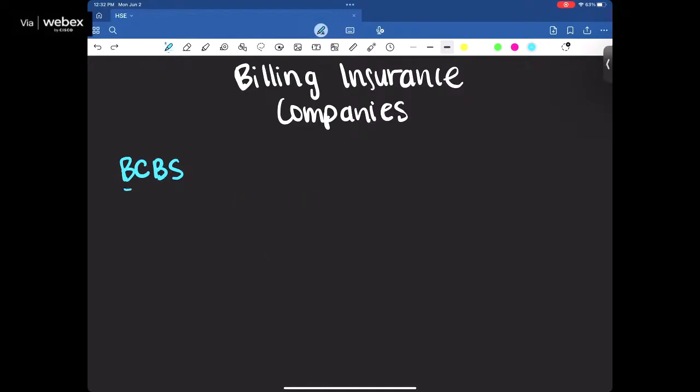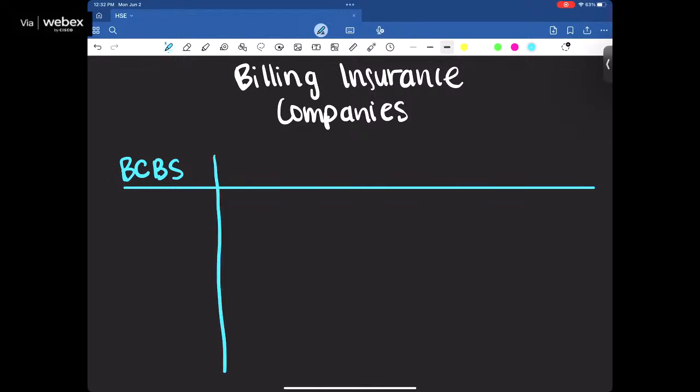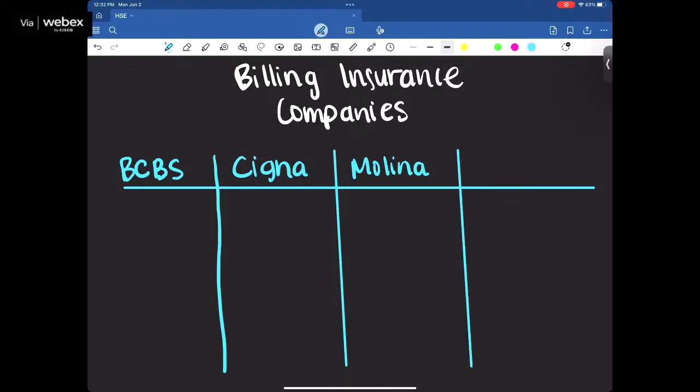Oops, let's make that neat now. We have Cigna. Molina. Might have spelled that one wrong. That's okay. Let's think of some more. We have Amerigroup. And let's say we have Parkland.